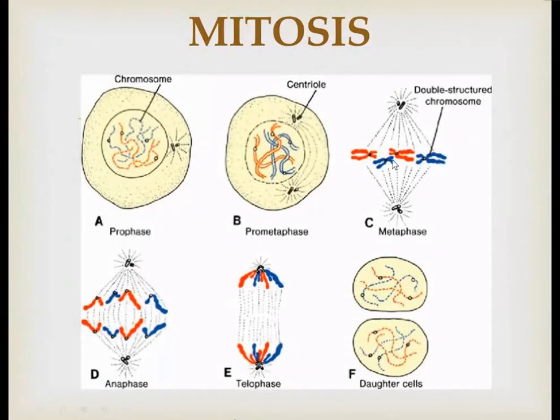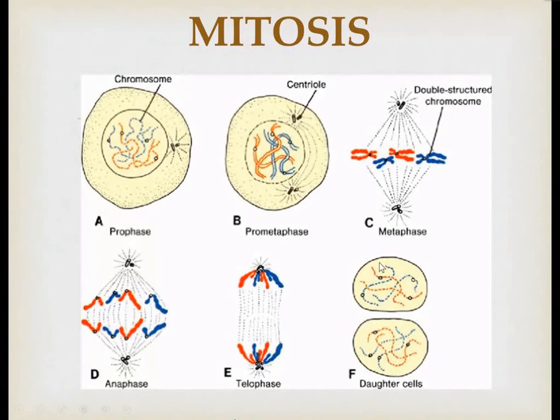In the case of the metaphase, all the chromosomes will align at the equatorial plane. Now what will happen in the anaphase? There will be the division. The centromere will divide in half, and one sister chromatid will move to one pole and the other will move to the other pole. Now in the telophase, you can see the disappearance of the spindle fiber and the half part of the chromatid in one pole and the other pole.